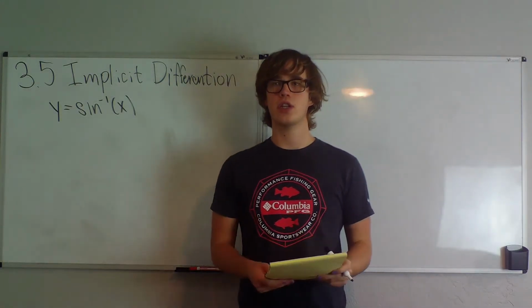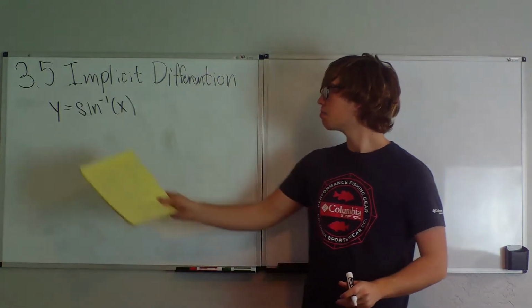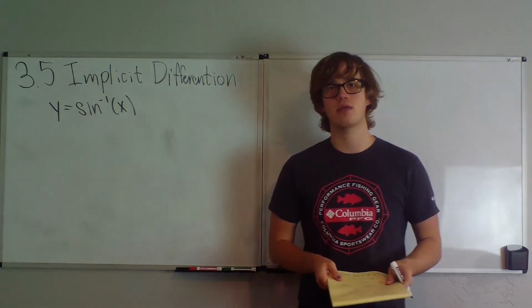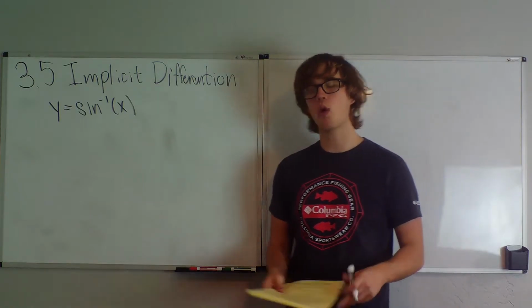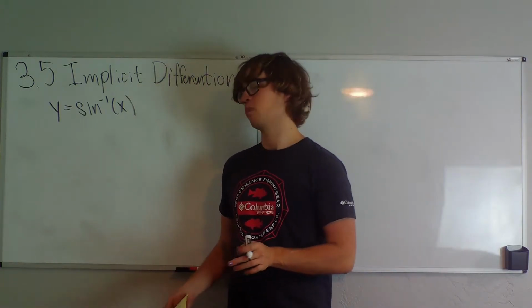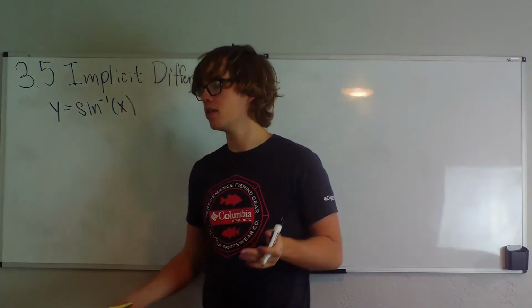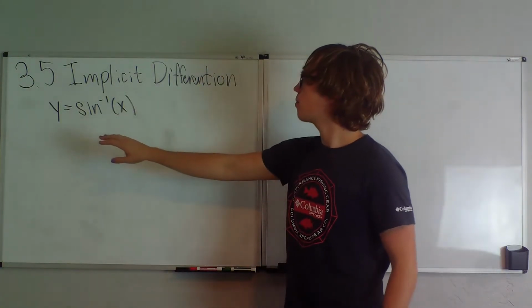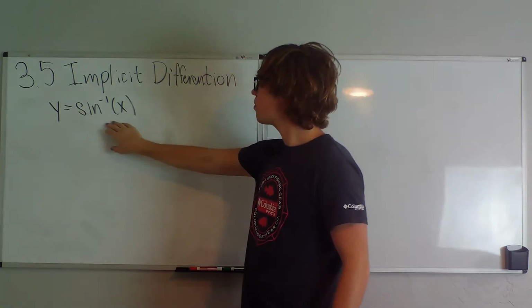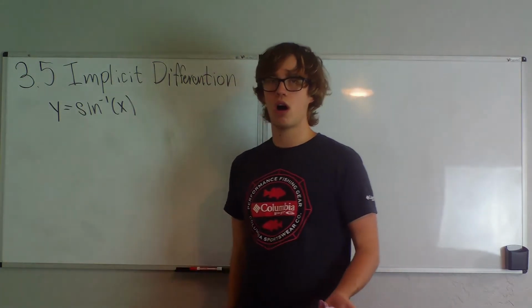So implicit differentiation can help us find things like sine inverse of x, right? We don't know what that derivative is quite yet. I mean, we will in about 2 minutes and 30 seconds, maybe, depending on how long I take to explain. But so, what is sine inverse of x, which is equal to y?